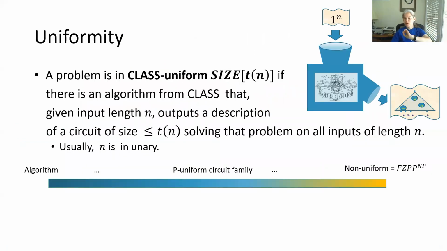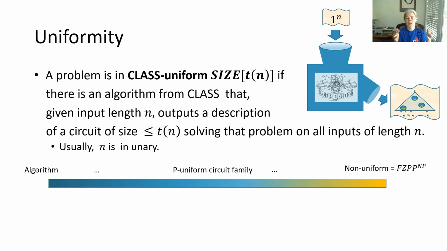Okay, going back to our meta problems, now that we figured out what kind of algorithm we could get from bounded arithmetic, we could learn from bounded arithmetic. So when I defined non-uniformity, I said the circuits can be absolutely anything. They can come up from wherever, they can be completely different. That's why you could solve undecidable problems. But there is an actual range of possibilities between having an algorithm for something and having a completely non-uniform family of circuits.